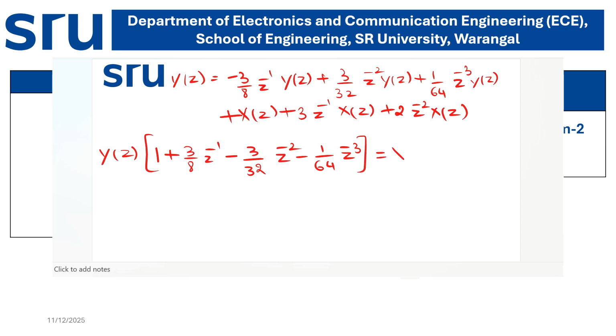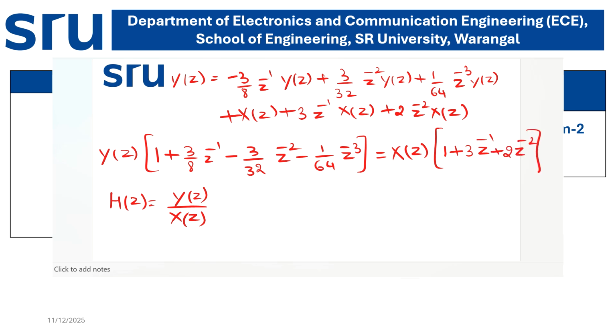Similarly, I am taking x of z as common. Why am I taking the common factor? Because I need to get the transfer function, H of z equals y of z by x of z. So for that purpose, I take a common factor in y of z as well as x of z, so that I get one polynomial function with a numerator and denominator. Taking x of z as common, 1 plus 3 z power minus 1 plus 2 z power minus 2.